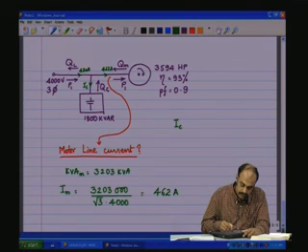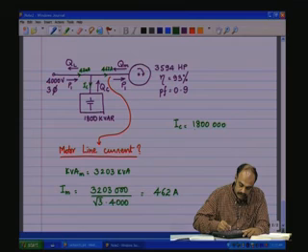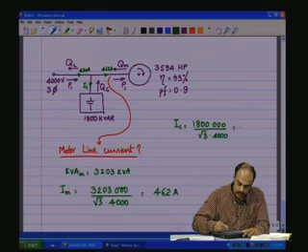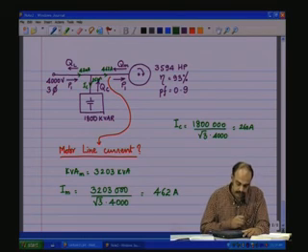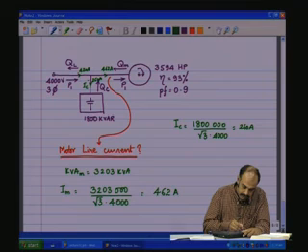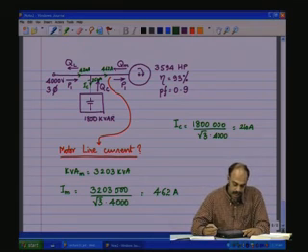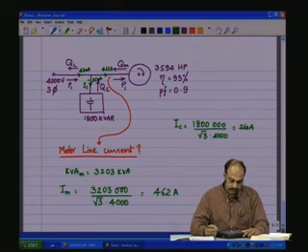IC is QC, which is 1800 kVAR, divided by root 3 into EL, which is 4000, which is 260 amps, and that is actually minus because of the reactive nature.